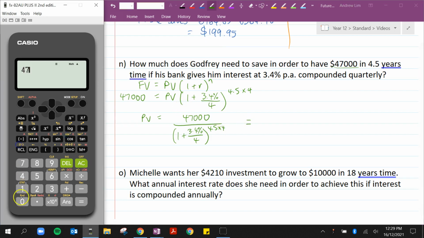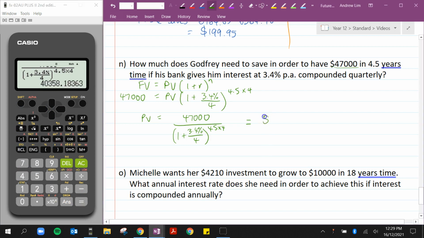And let's see what we get. $40,358.18. So if Godfrey invests that amount right now, in 4.5 years' time, he'll have $47,000.